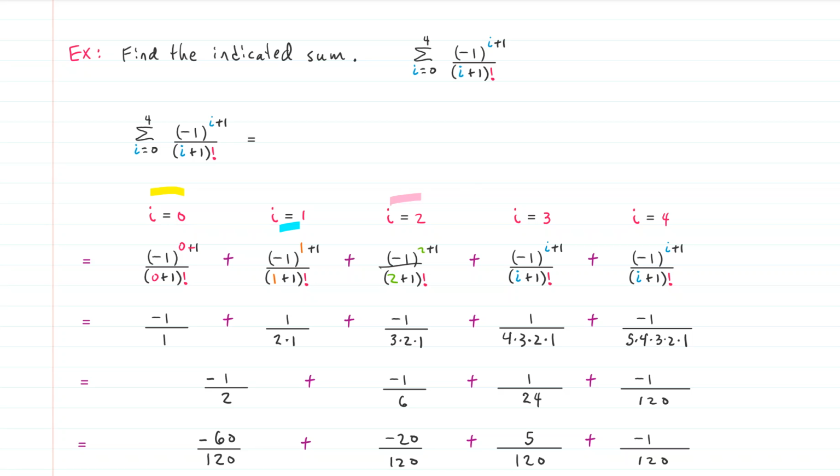That's an odd power, so I have negative 1 there. And 2 plus 1 is 3. 3 factorial is 3 times 2 times 1, or 6, so negative 1/6. So we end up having a negative 1/6 here when i equals 2. How about when i equals 3? Well, I need to get rid of the i there and put 3.